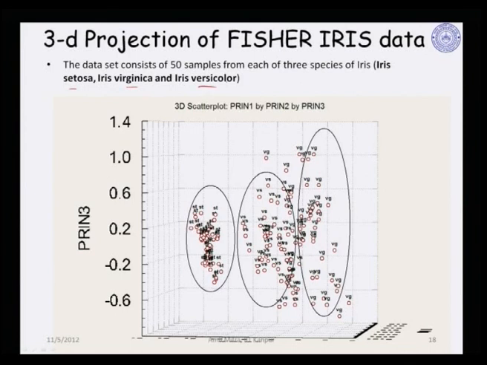We use a principal component analysis based projection to project the data along with their class labels. This Vg corresponds to Virginica, Vs corresponds to versicolor, and this St corresponds to the setosa species of iris flower.